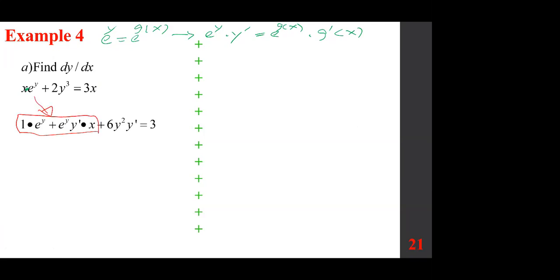Basically you move e to the power of y to the right, it becomes negative, and you factor the other two pieces.